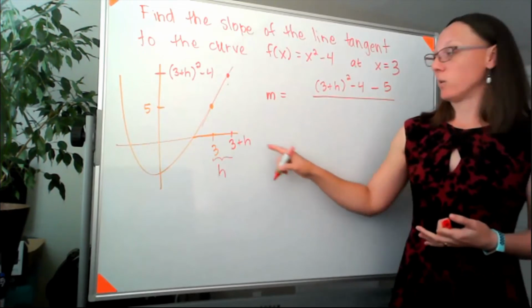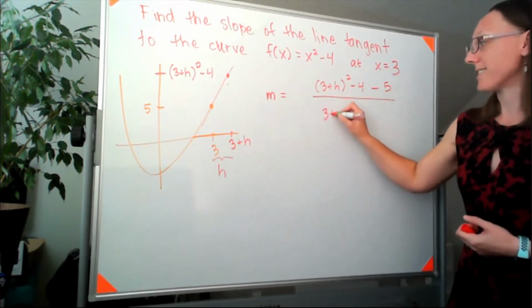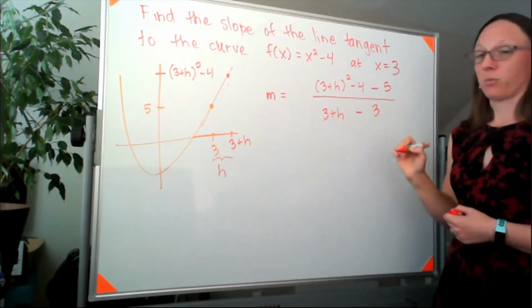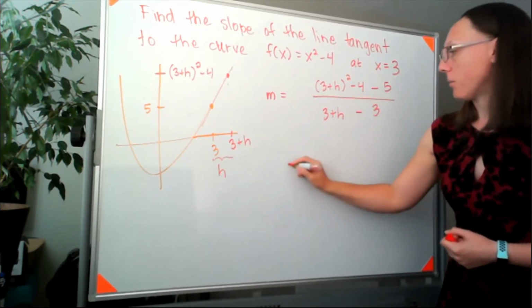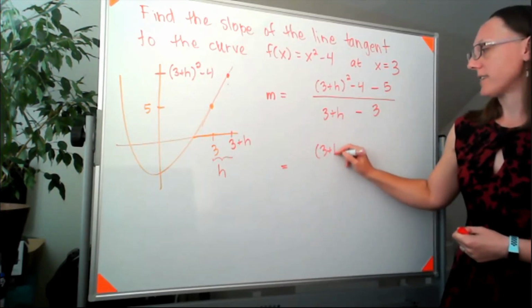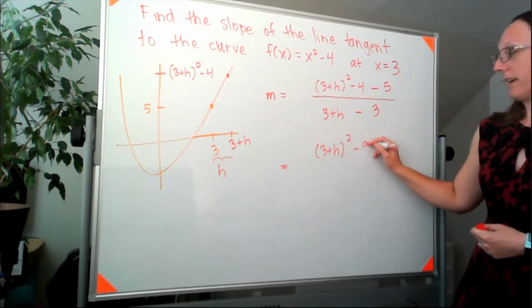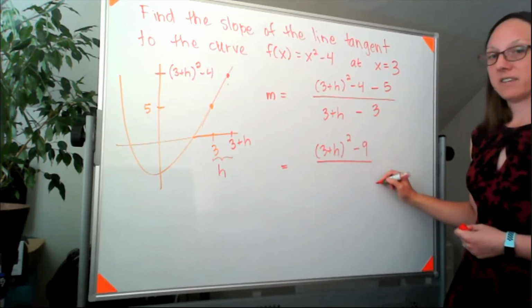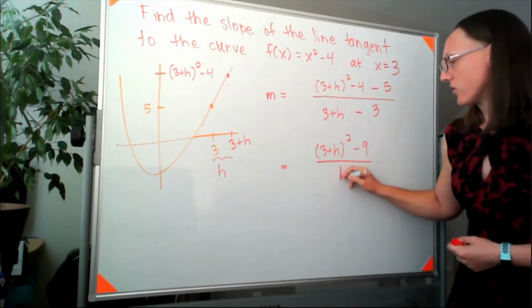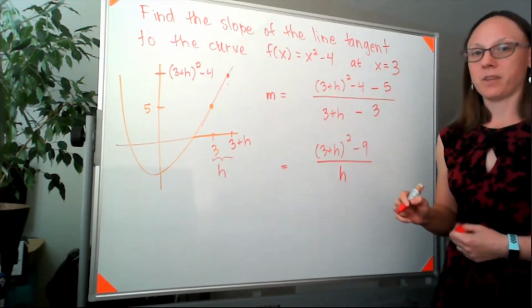And my x values are going from 3 plus h minus the x value of 3. If we clean this up, I'd have (3 plus h) squared minus 9. And in the denominator, the 3 plus h minus 3 is going to leave us with just an h on the bottom.